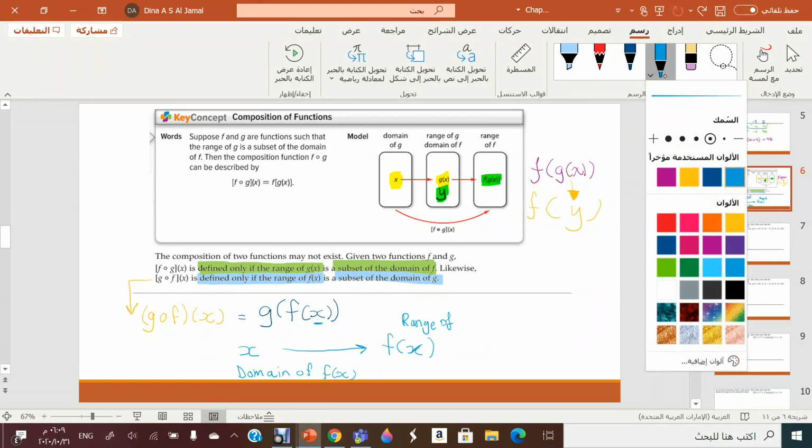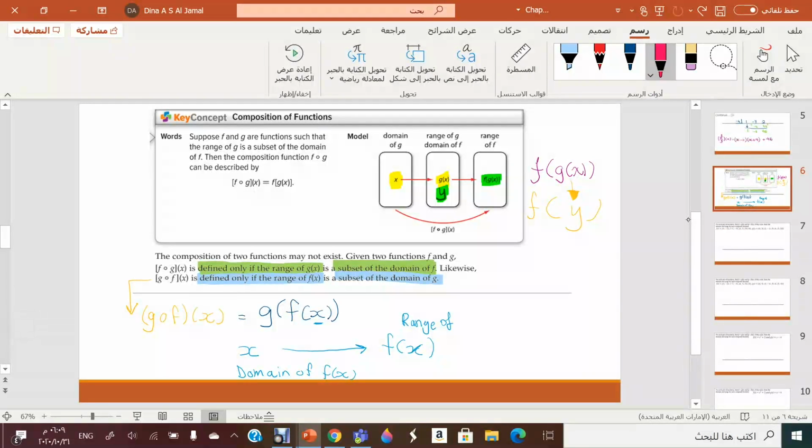Then you take the same values as x values, but for whom? For g. So you put them as g of f of x. So these are not only the range of f of x, it is also the domain of g of f of x.